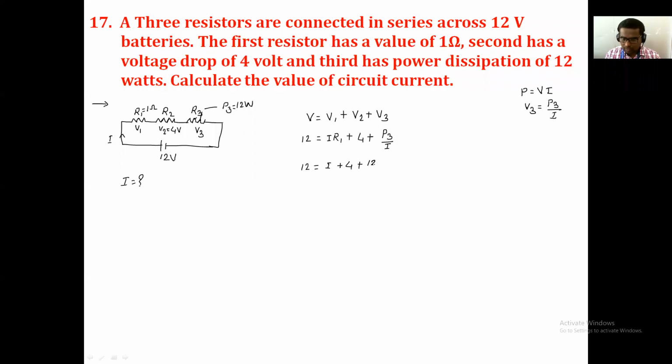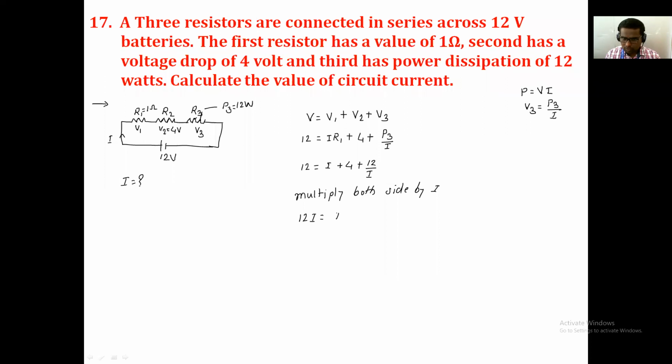It's 12 divided by I. Now, to get that equation, I will try to multiply both sides by the circuit current I.